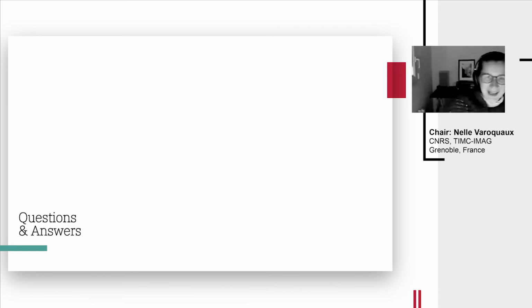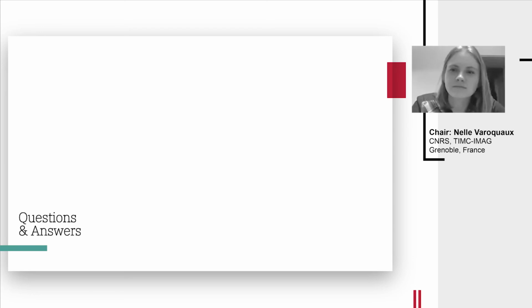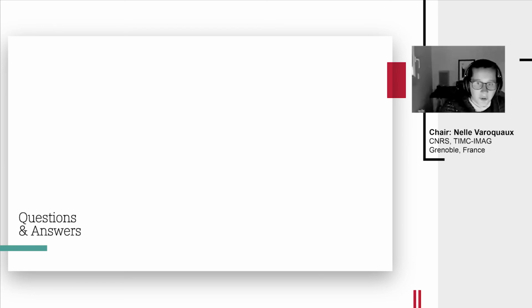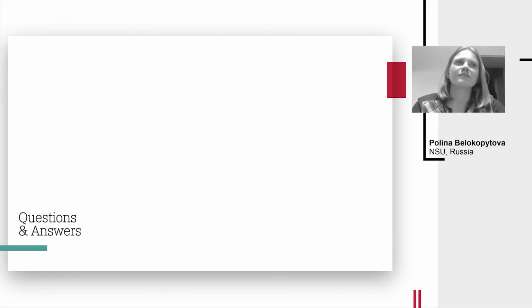So there are many questions. Unfortunately, we won't be able to tackle all of them. One question is, do you think it's possible to predict the chromosome organization of patients using mutations or copy number variation, using Hi-C data from control? As I understand, the question is whether we can predict changes for patients.